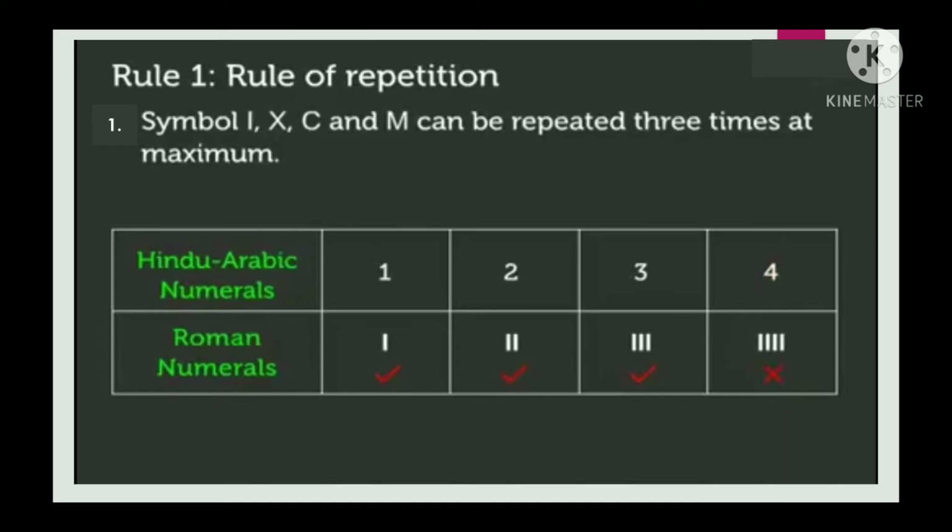For example, we can write 1 as I, 2 as II and 3 as III in the Roman numerals, but we cannot write 4 as IIII.